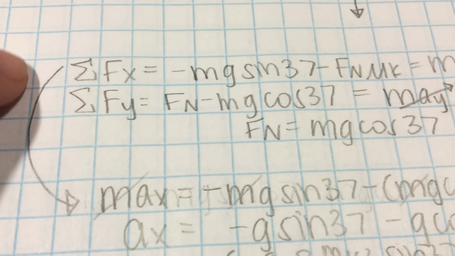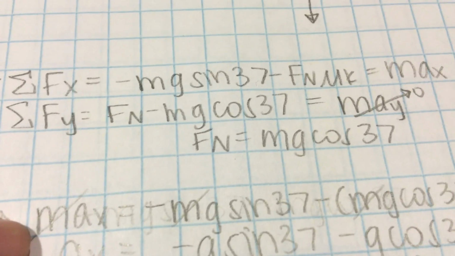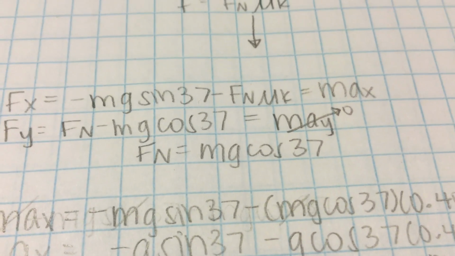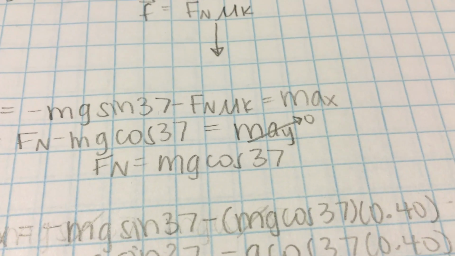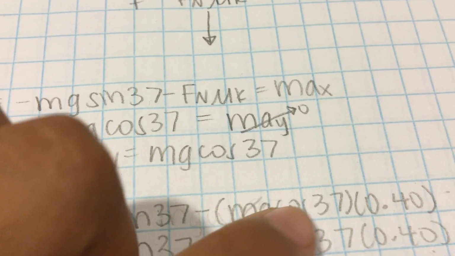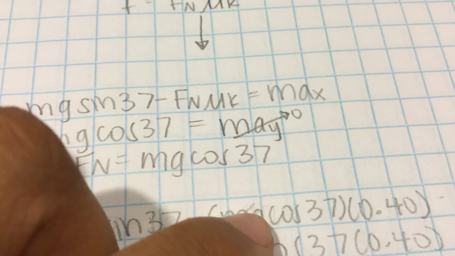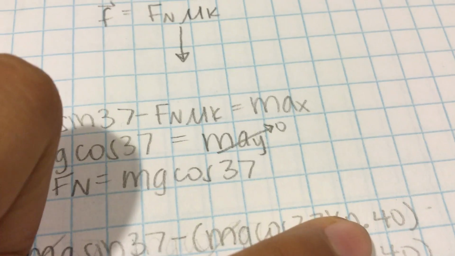So down here, you can see I took the sum of forces in the x direction and substituted in the numbers we have. So mg sine 37 minus mg cosine 37 times 0.4, where mg cosine 37 is the whole normal force, times the coefficient of friction, which is 0.4.